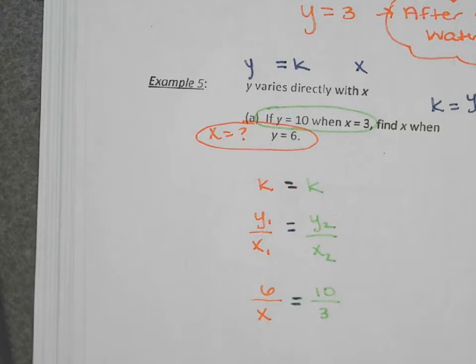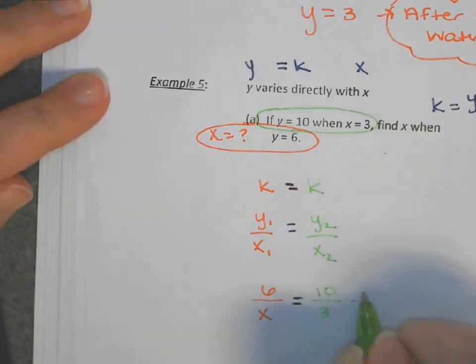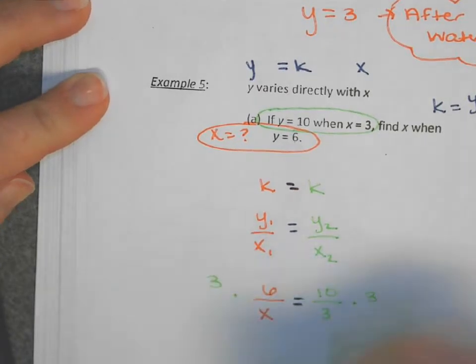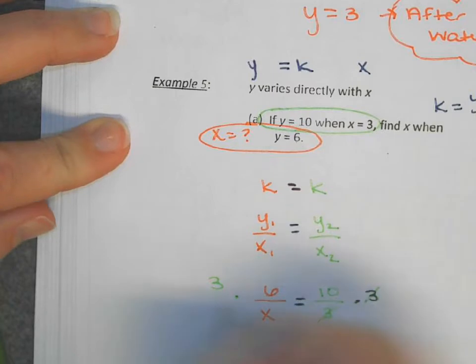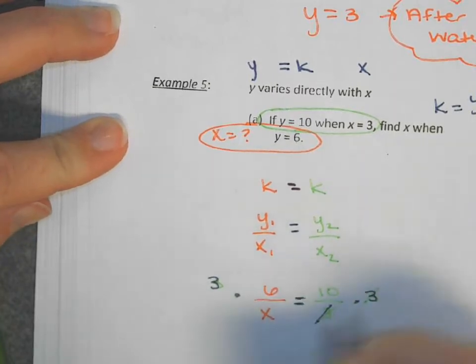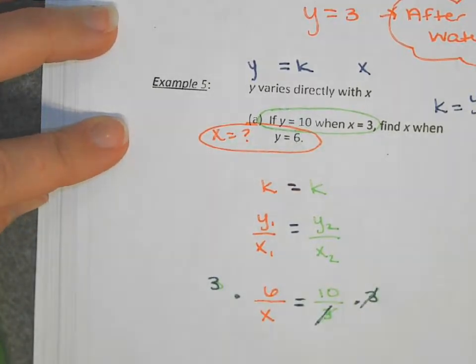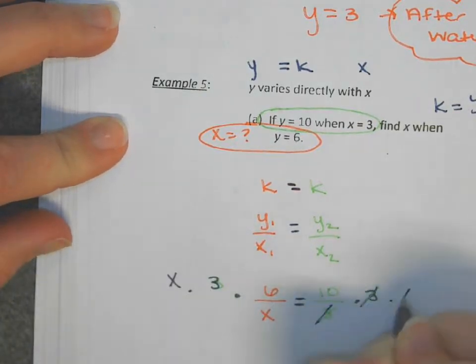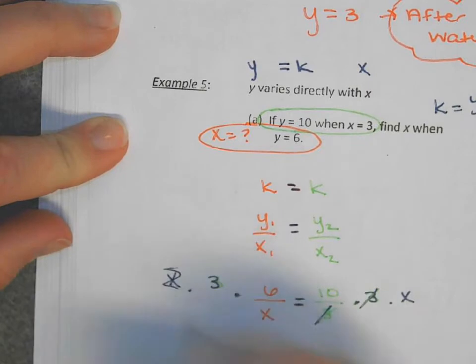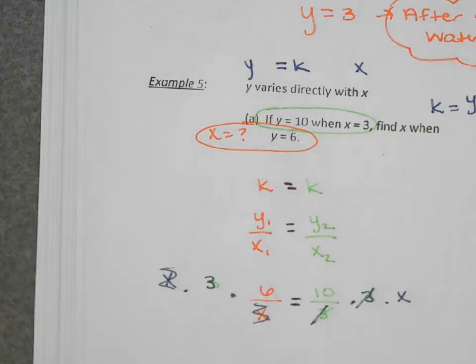So far, so good. Now get rid of the fractions by multiplying both sides by 3, that will get rid of your denominator over here. And then if you multiply both sides by x, it gets rid of your denominator over there.